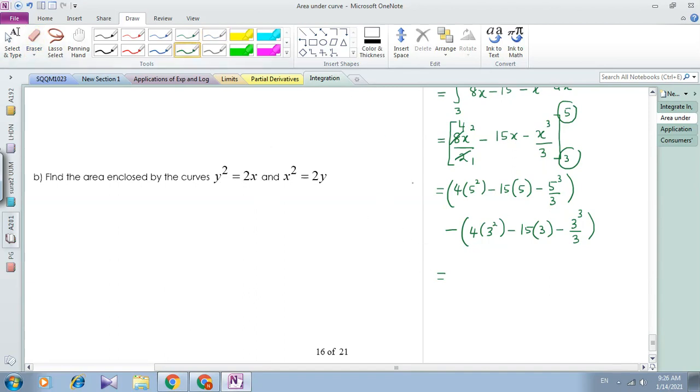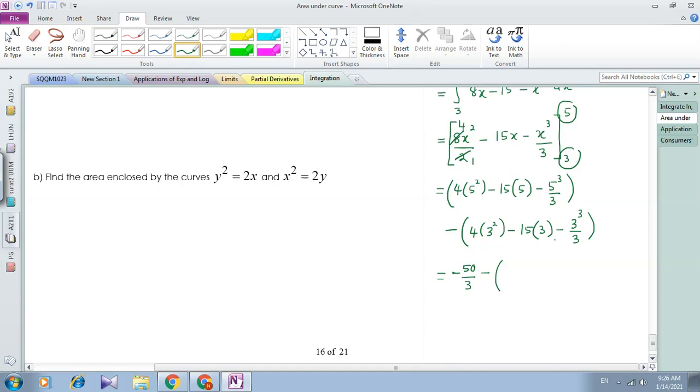So use your calculator. Let's write the answer for the first bracket. This will be negative 50 over 3 minus, now let's write the answer for the second bracket.